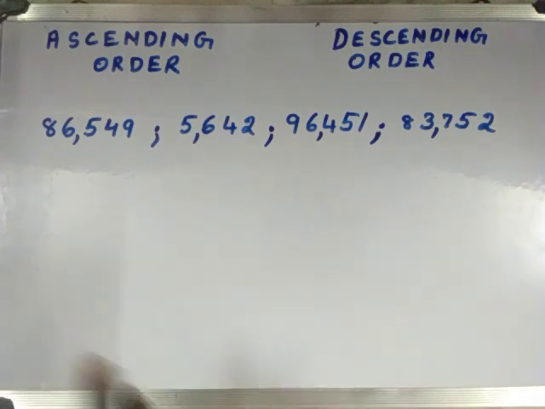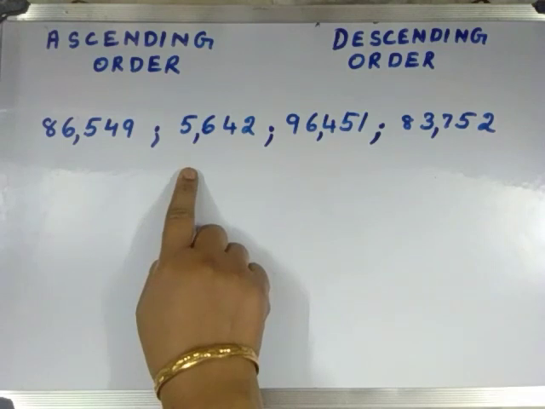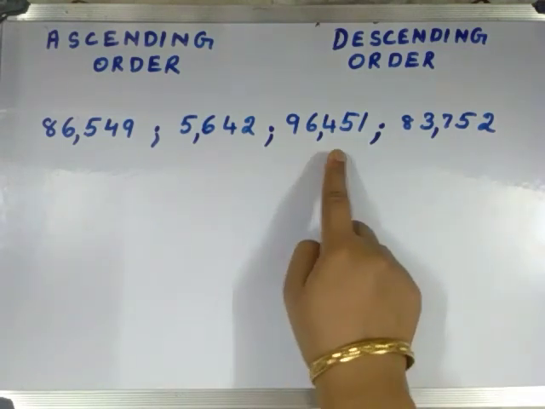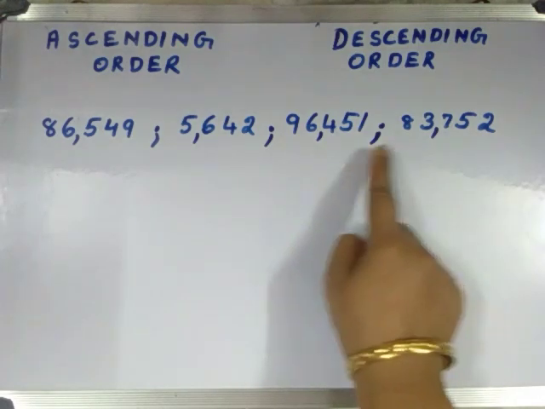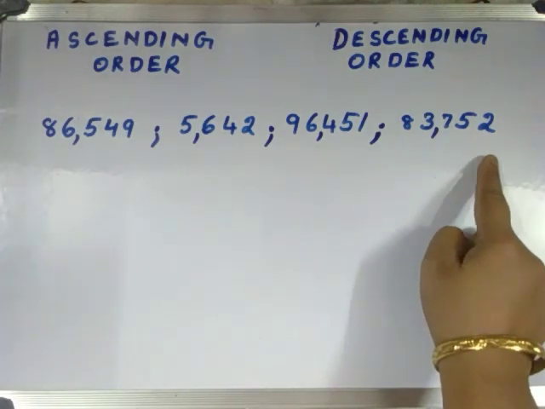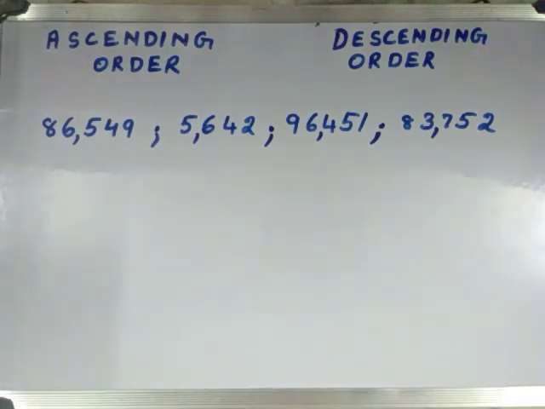Now we have the numbers 86,549, 5,642, 96,451, 83,752.